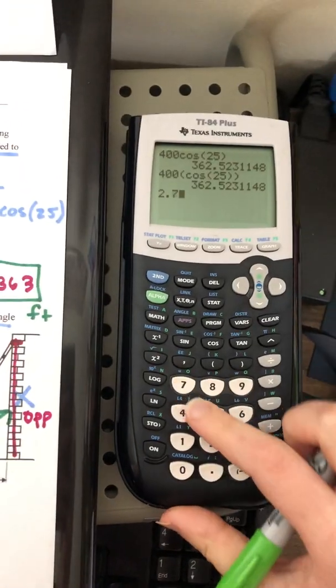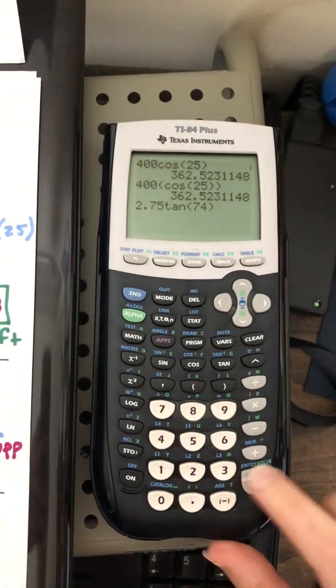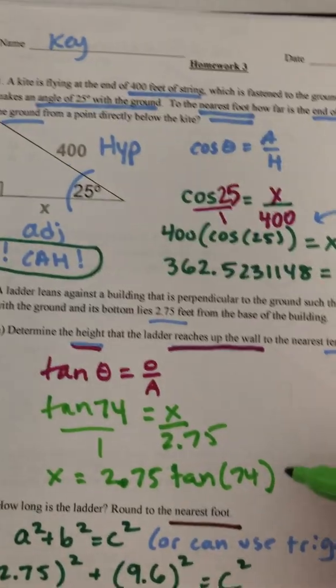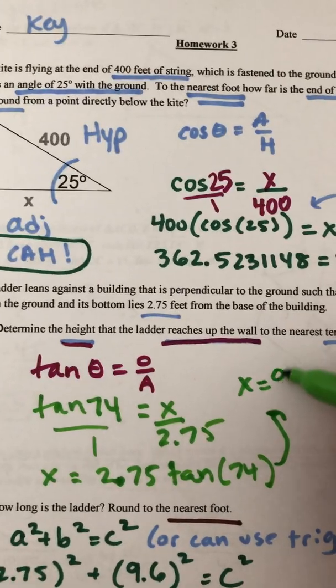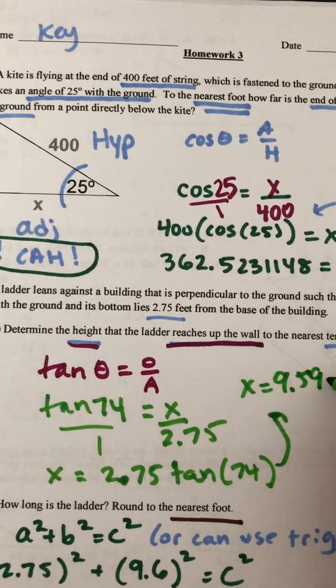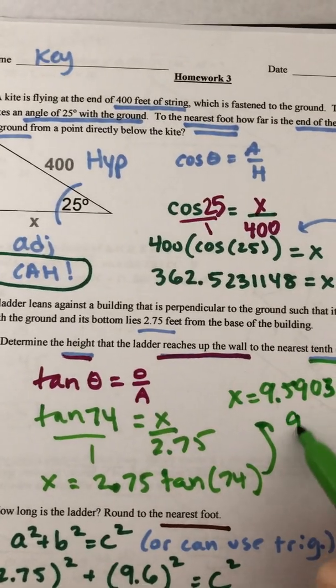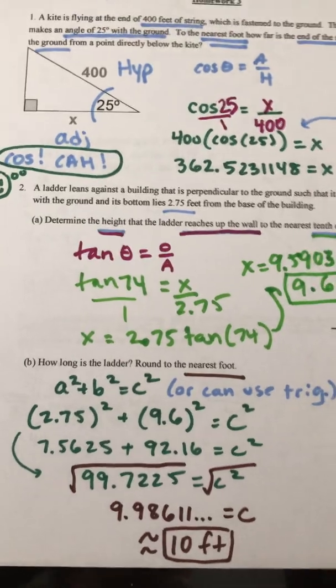I'm going to type that into my calculator: 2.75 tangent 74, 9.5903 onward. I'm just going to fit that right over here. 9.5903 dot dot dot. Nearest tenth, 9.6.